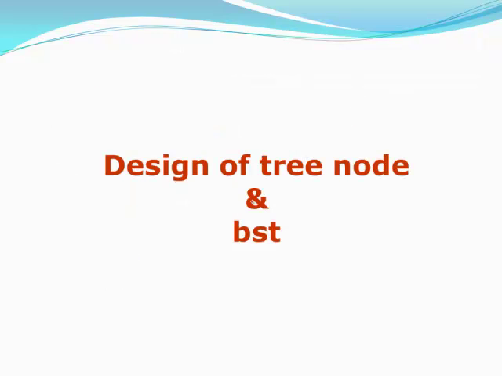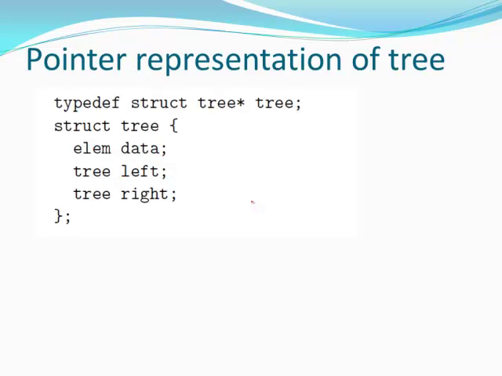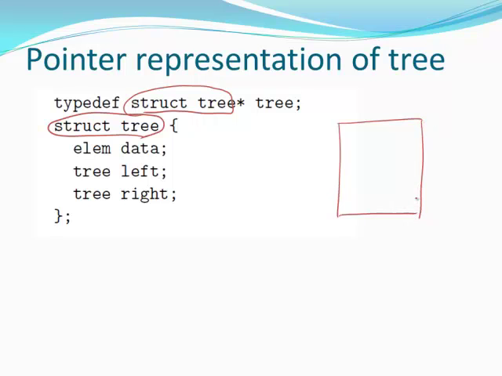So let's talk about designing the tree node and the BST. In terms of the tree node, we're going to define a struct tree, which is defined by three things. We have a data field, which is an element type, and the element type will be provided by the client.